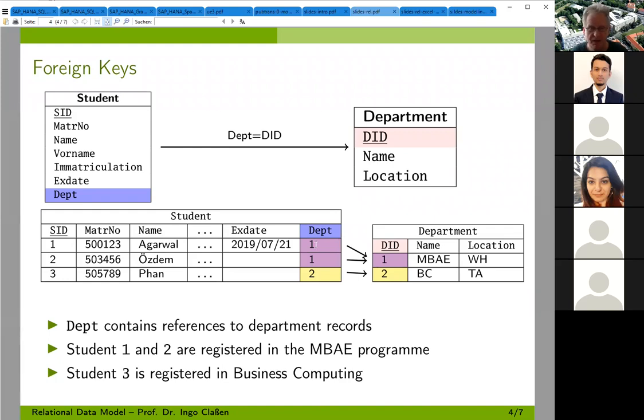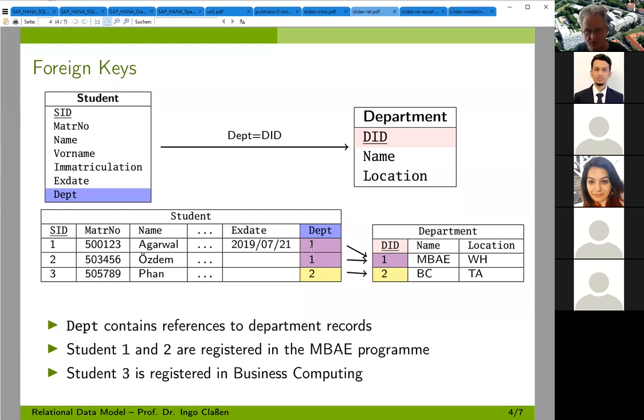And why is that the case? Because many students could be related to the same department. So if you look here, student number 1 and student number 2, both of them are registered in the MBE program, and you see it by following the path of the foreign key.